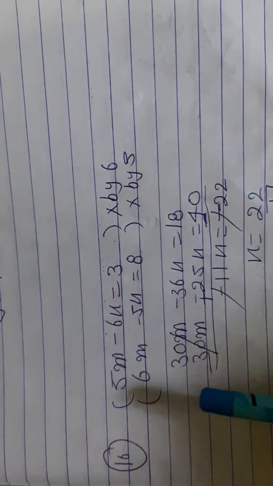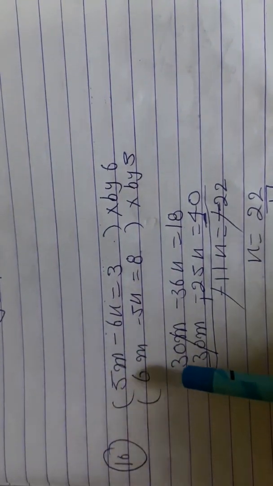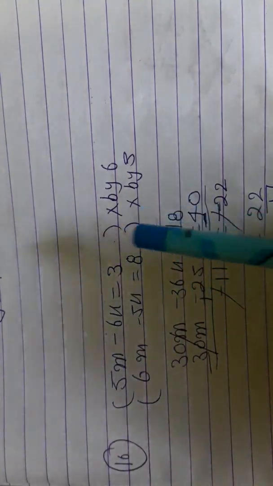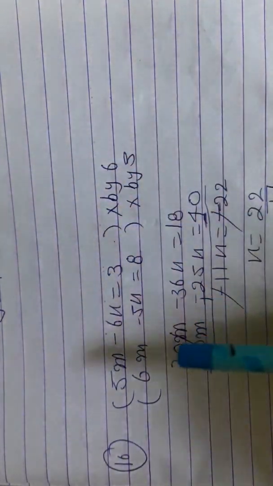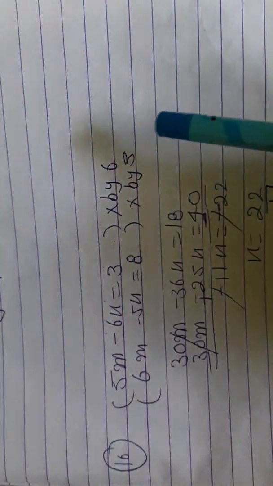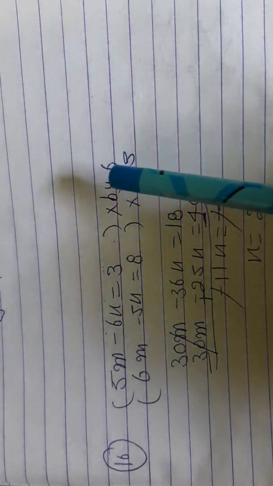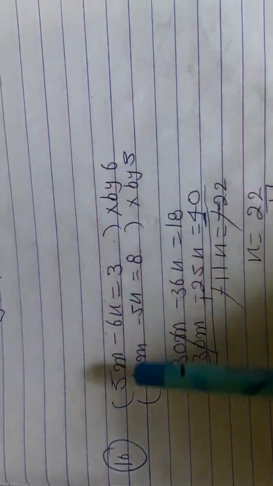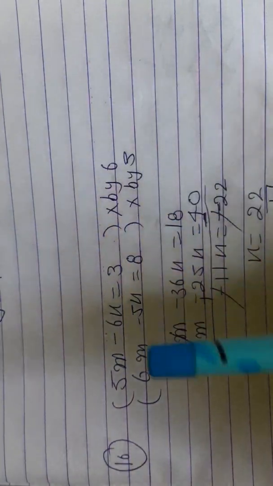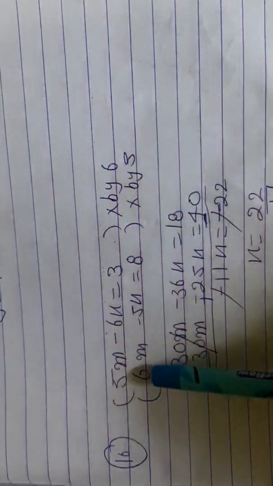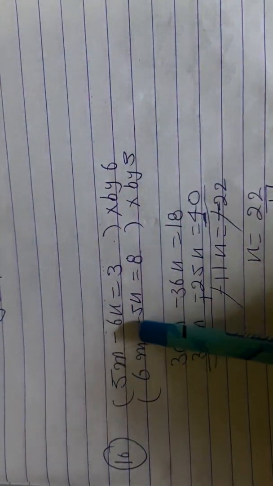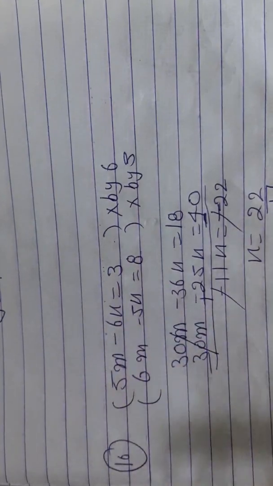How can we eliminate it? First we multiply equation first by 6 and the second equation by 5. 6 5s are 30, and 5 6s are 30. Now the numerical value of m is equal.